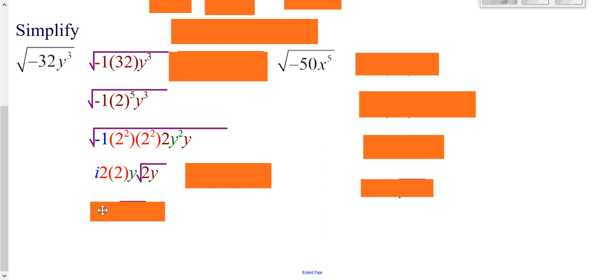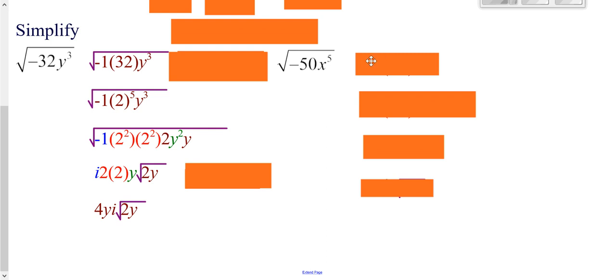So we end up getting a 4i times y with this square root of 2y left inside here. So pretty much, if you have a negative inside of a square root, you're going to have an i in your answer. Now, it's only if you have a negative inside of a square root. It does not apply to other roots. It's only a square root.